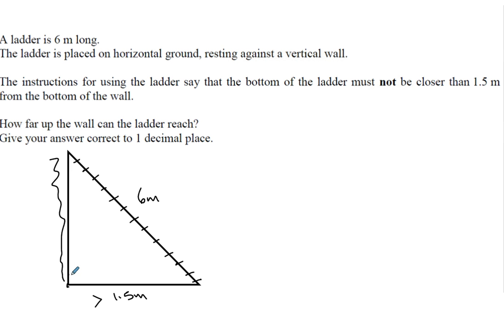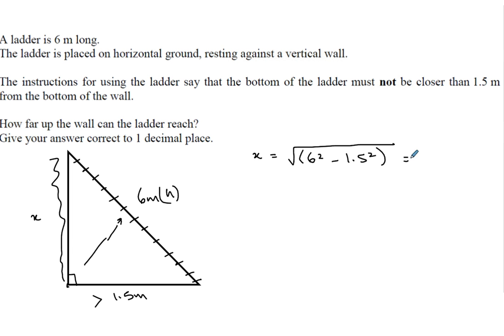So again, you can tell we've got a right angle triangle. That's your hypotenuse. So let's find how far that can reach. We'll just call it x. So x equals, and then because we're finding a shorter side, it's 6 squared minus 1.5 squared.